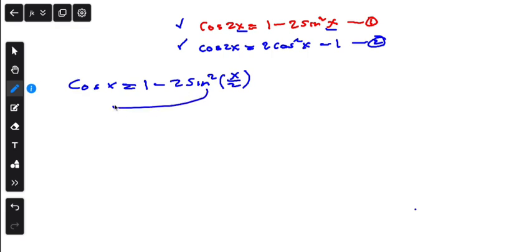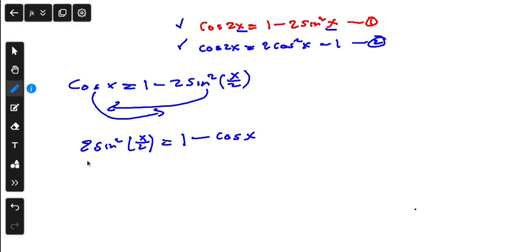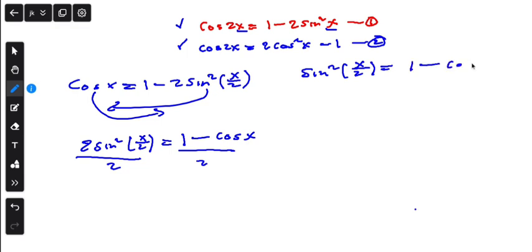We take this one to the other side, and also this one to the other side. Therefore we're going to have 2 sine squared open bracket x divided by 2, which is equal to 1 minus cos x. From here we can divide by 2, even here by 2. So we're going to have sine squared open bracket x divided by 2 equal to 1 minus cos x, then over 2.